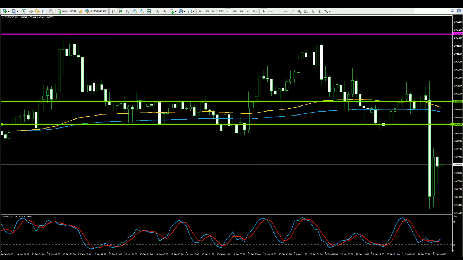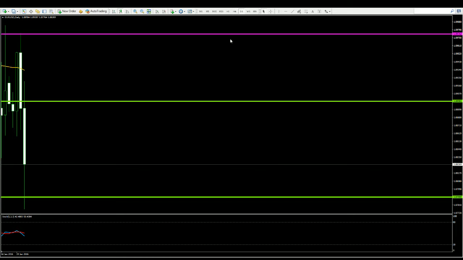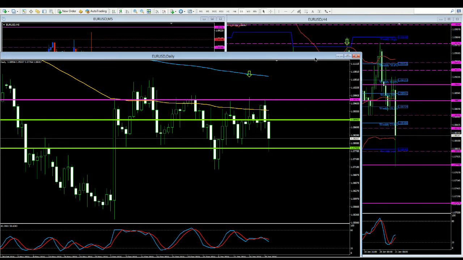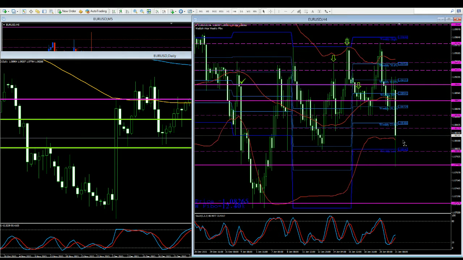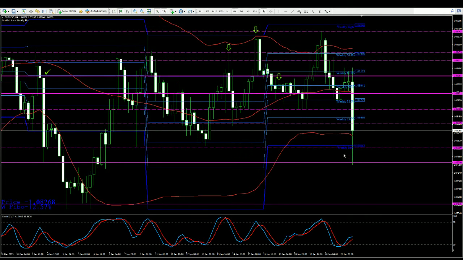Okay, so you're asking if level 79 is considered a support or resistance. Let's go and check it out. Just a moment. Let me show you my other chart real quick, and you will see the lines I've had there before.